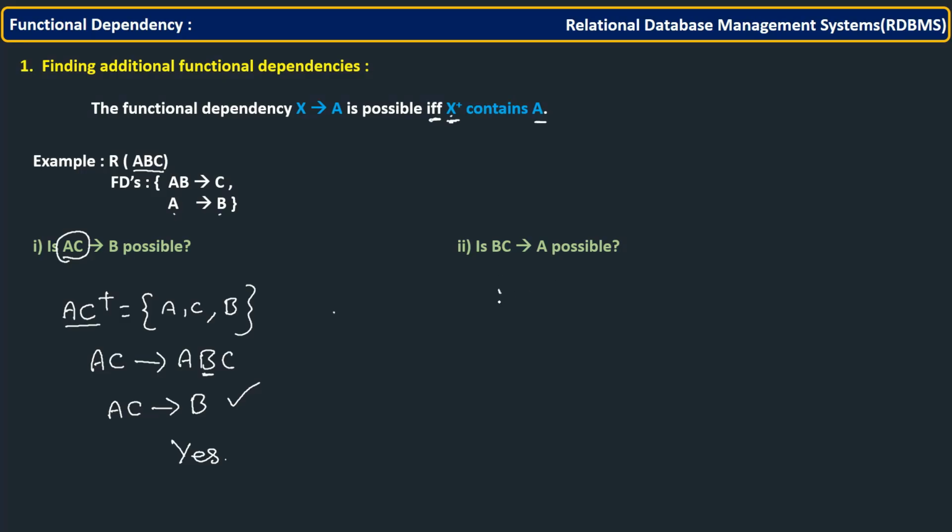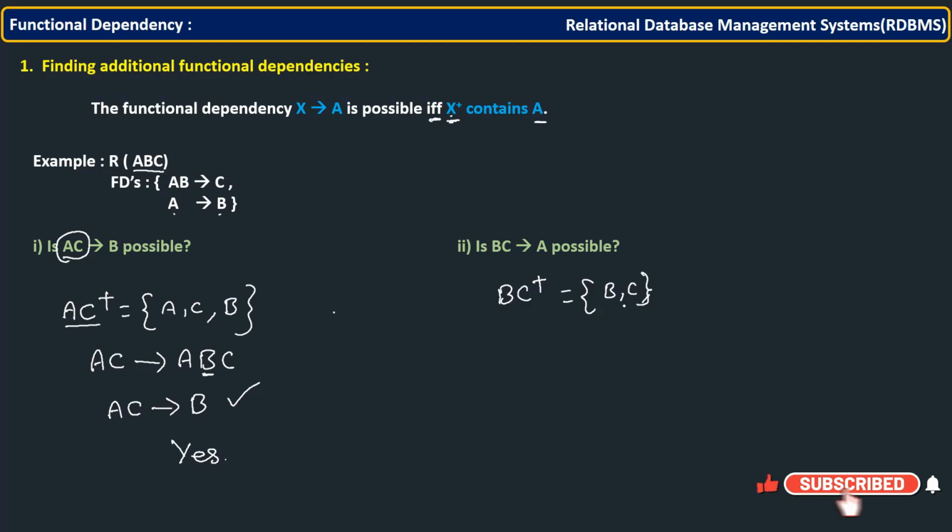Now same way, is BC deriving A or not? Let us first find the BC closure. BC individually first of all: there is no B individually, there is no C individually in any FD, and together BC is also not there. So this is the final closure of BC.